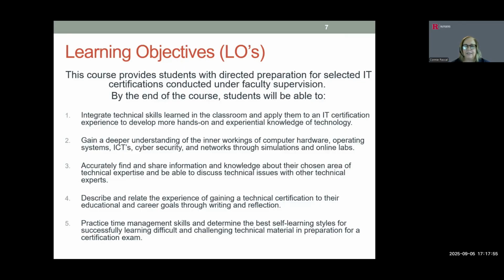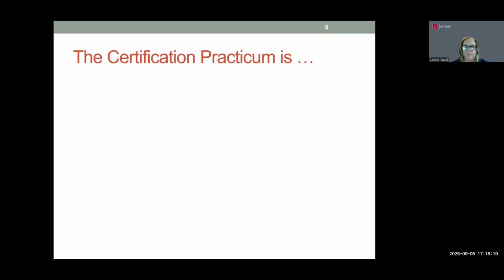Something that's a given as an IT professional is that you will indeed have to continue to learn your entire career in order to stay employable, in order to stay engaged in the field. You have to constantly self-learn and constantly recertify your skills. So this course is a way for you to develop good habits and understand how that best works for you.